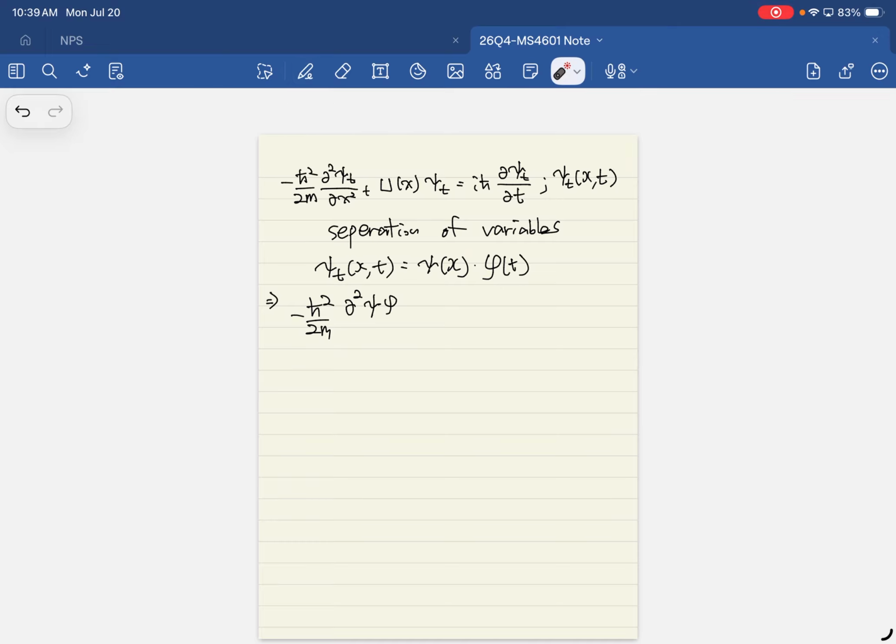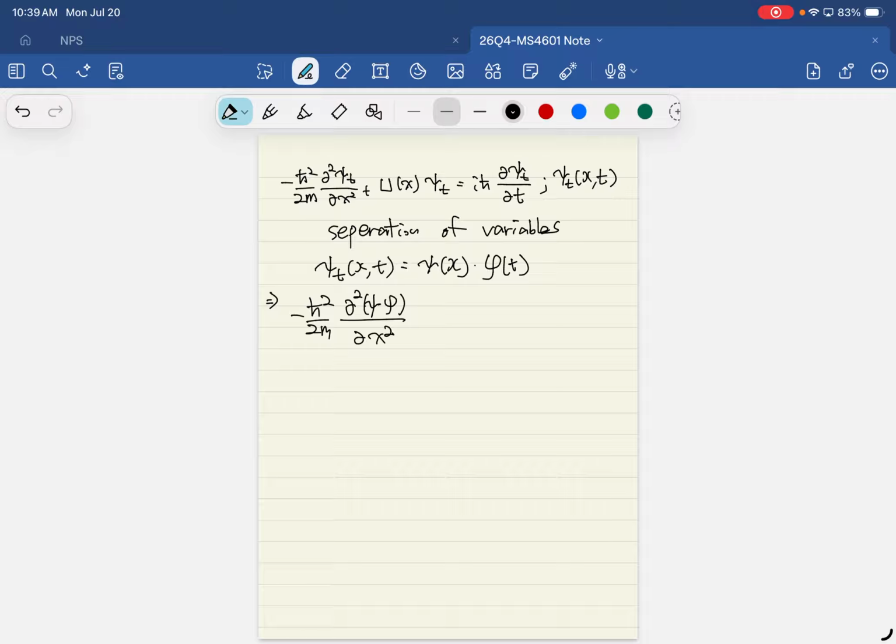Then now this psi t is going to be expressed as psi times phi here. Now we have that here, and then dou x squared plus u of x psi phi equals i h bar dou psi phi dou t.